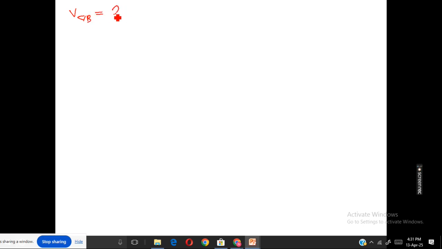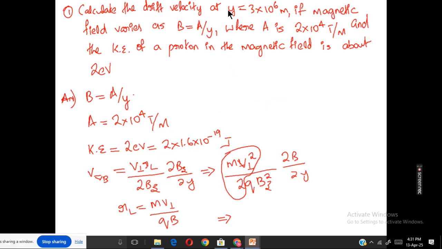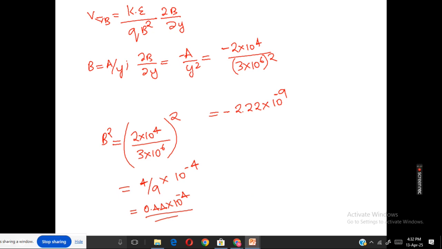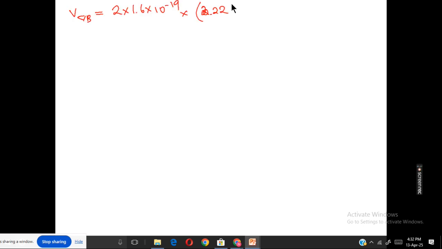Gradient drift velocity is given as 2 into 1.6 into 10 raised to minus 19 into 2.22 dou B by dou Y, which is minus 2.22 into 10 raised to minus 9, divided by B square, which is 0.44 into 10 raised to minus 4, into q, which is 1.6 into 10 raised to minus 19.